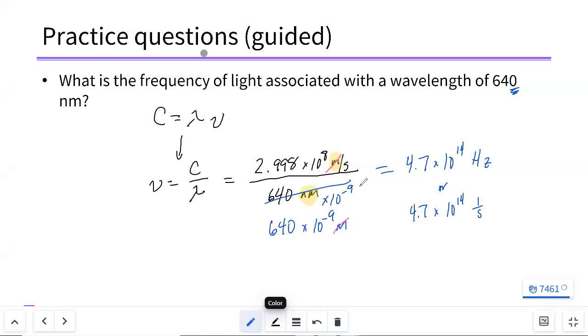And that nothing isn't 0, because that would mean the unit is 0. If everything cancels out, then the unit is 1. But 1 over seconds and hertz are the same thing.